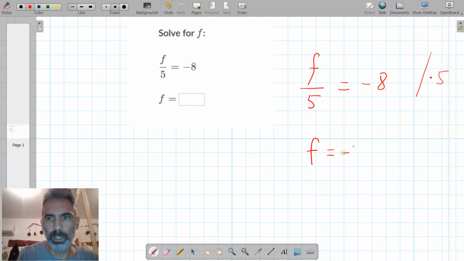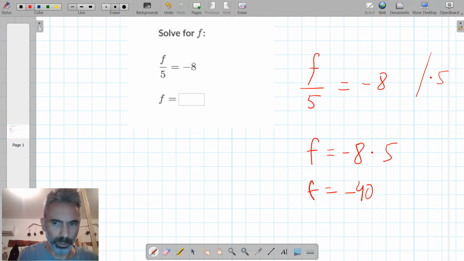So f equals minus 8 times 5. 8 times 5 is 40, and the result is negative because we have one negative number multiplied by a positive number. So negative times positive is negative. So the result is minus 40.